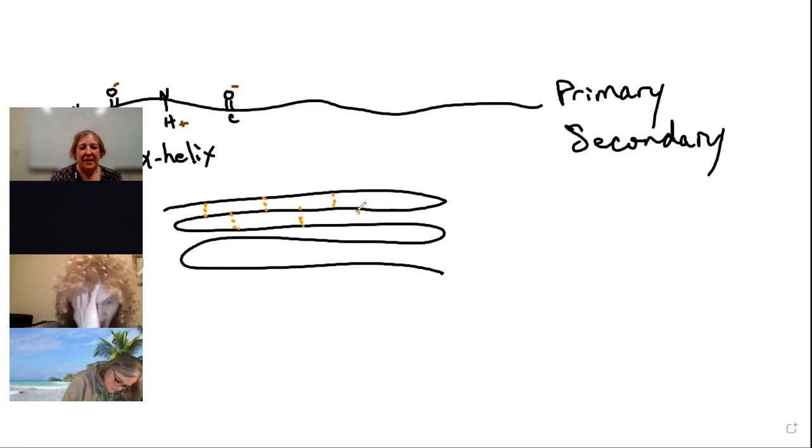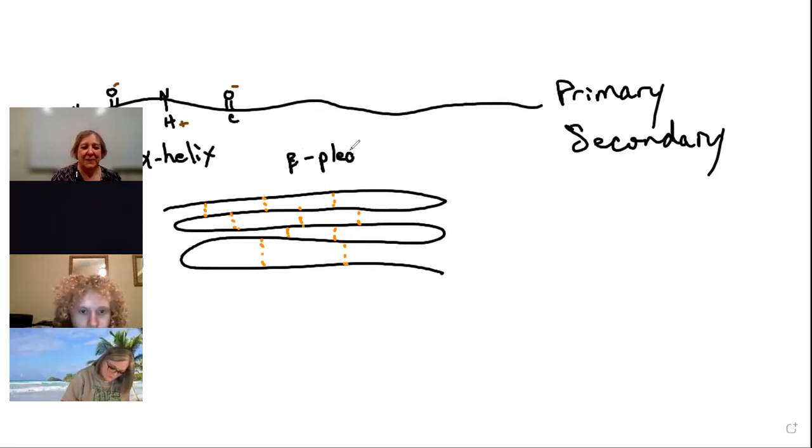And I get a sheet going, and that stabilizes the protein. Now we call this a beta pleated sheet. So that is a part of the secondary structure, and they're all because of hydrogen bonds.